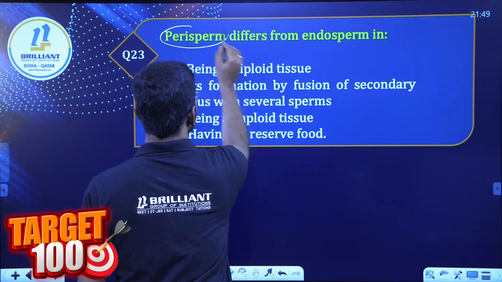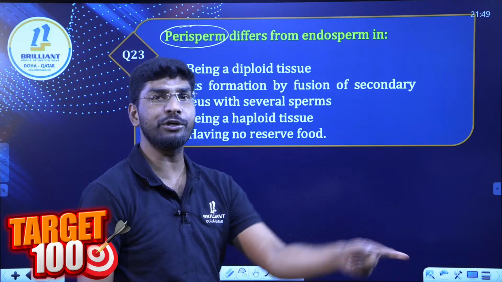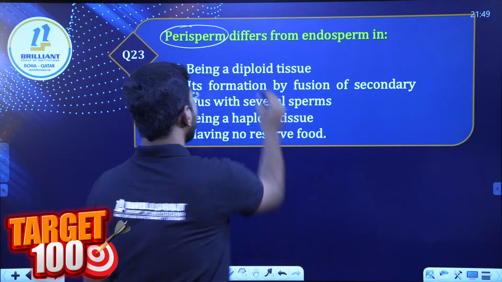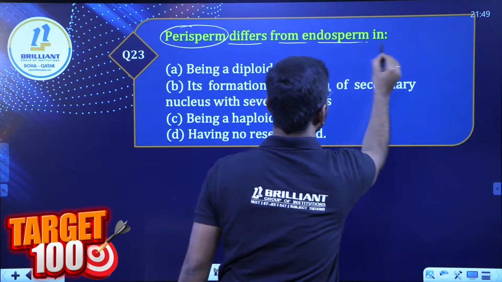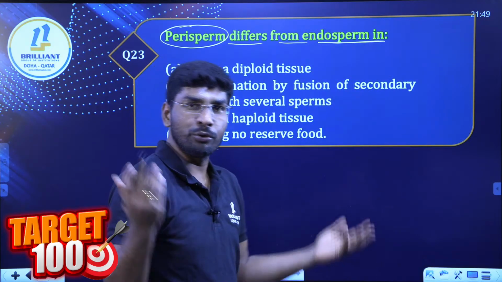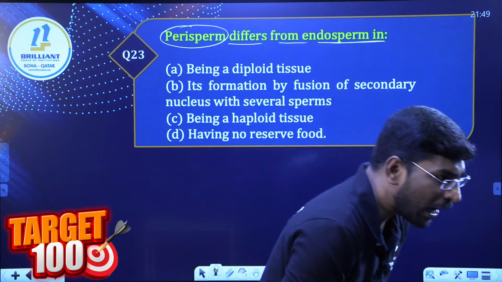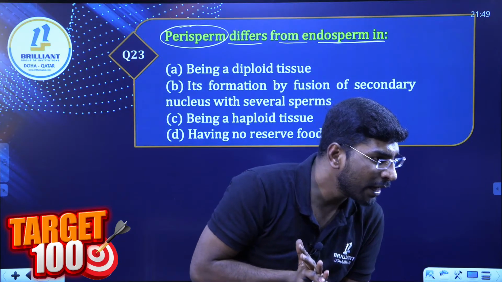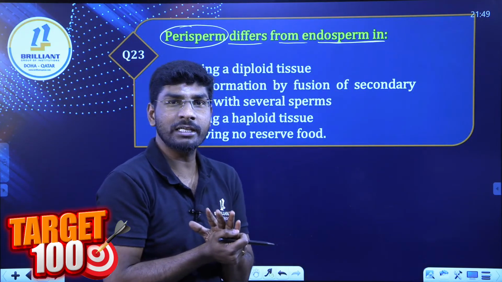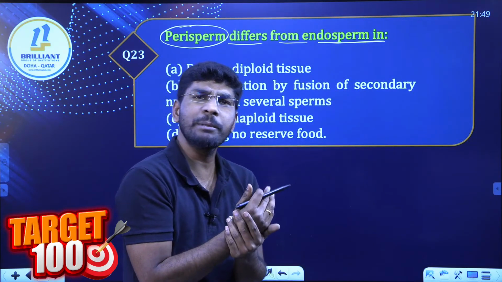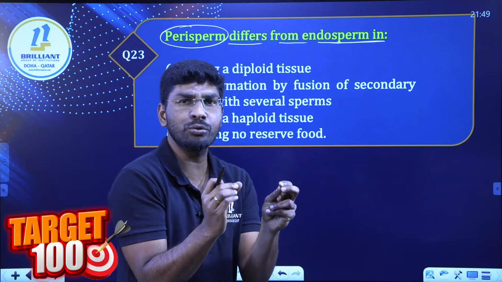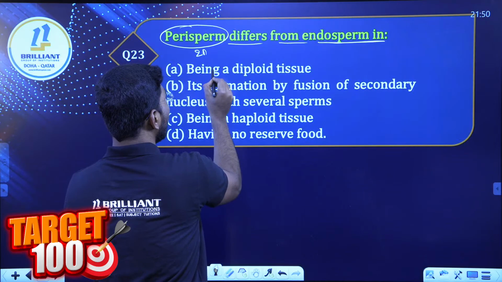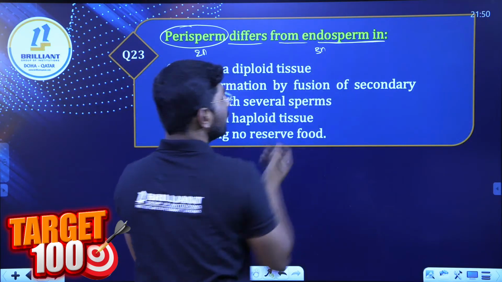Look at question number 23. What is perisperm? Just now I told you the persisted nucellus is called perisperm. How does perisperm differ from endosperm? You have to tell me the answer now. Come on, Kaushik, Reshma, Raina, Parker. Perisperm is diploid, endosperm is triploid.